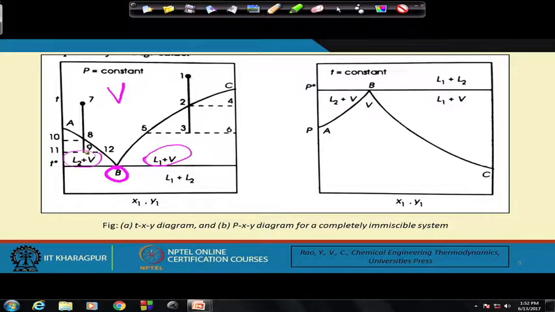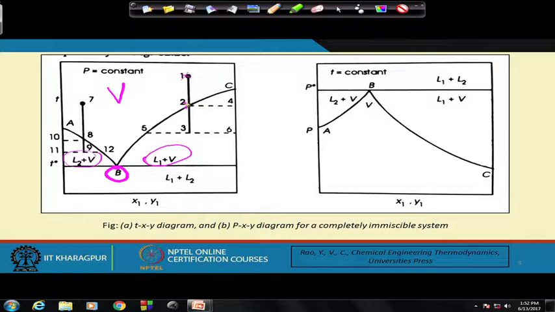Now, in this case also, suppose we start from state 1 and we start cooling the vapor at constant pressure. Cooling continues, and since it is a constant pressure cooling, naturally it follows the vertical line, say 1, 2, 3. As cooling proceeds, the vapor reaches the point 2. At 2, the first drop of liquid appears. What is this liquid? It is pure liquid L1, mind it, right. We continue the cooling process.